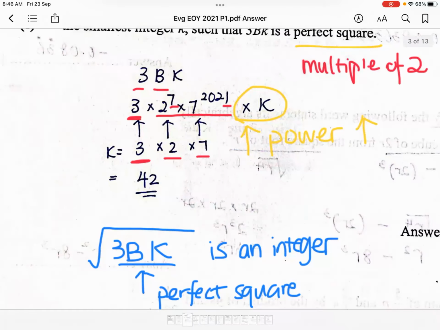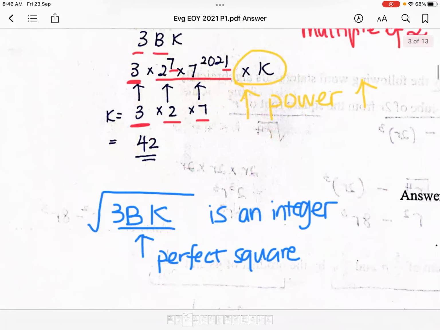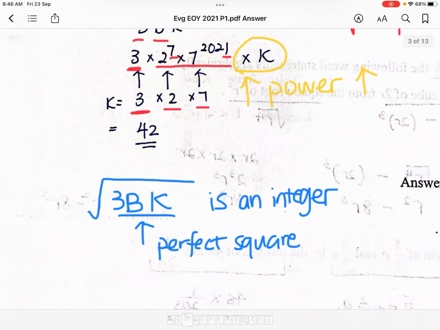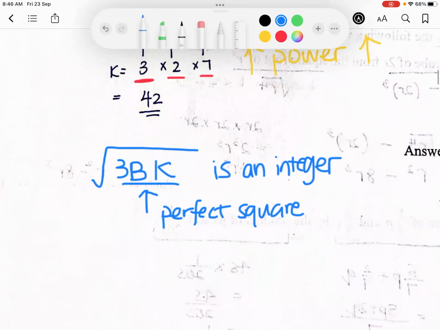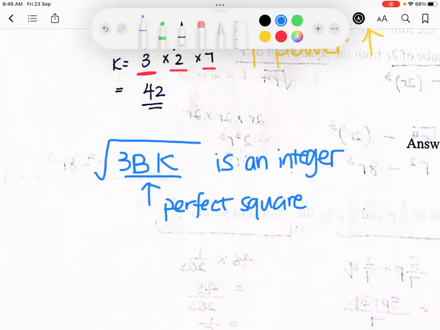Okay, next thing, there is one part on the formula sheet where I wrote the definition for what it means by a perfect square. If a number is a perfect square, a lot of students will tell me, oh, the square root of the number is an integer.